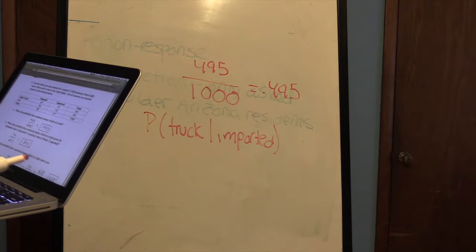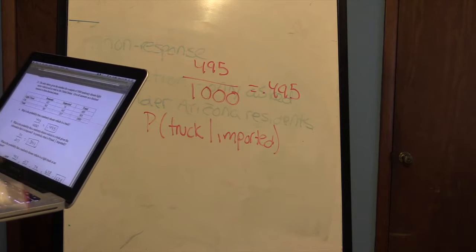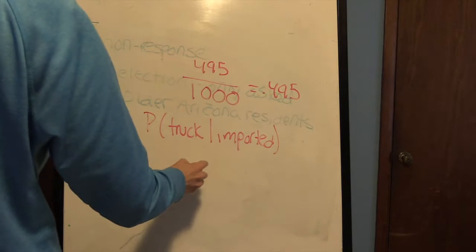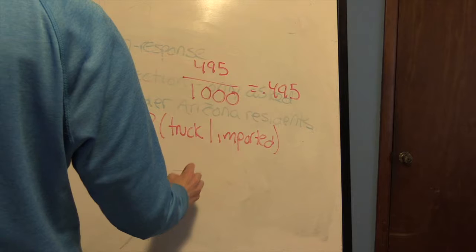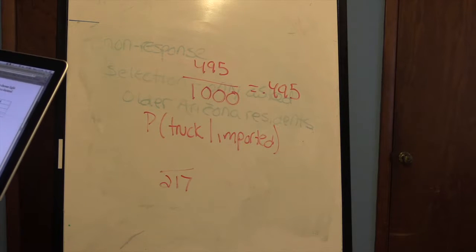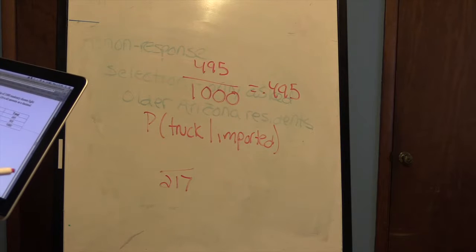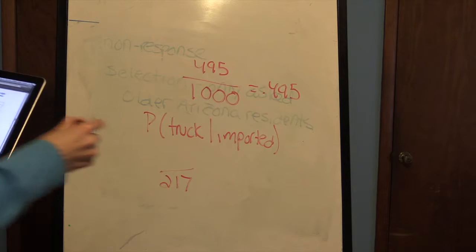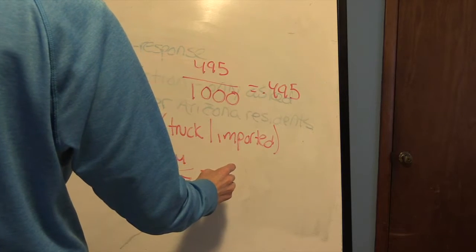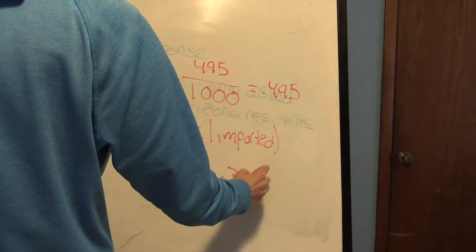So in this case, we're given the fact that it's imported. So we look at all the imported vehicles. That's 217. Okay? Out of those 217, how many of them are trucks? Well, that's 74. So it's 74 out of 217, which is 0.341.